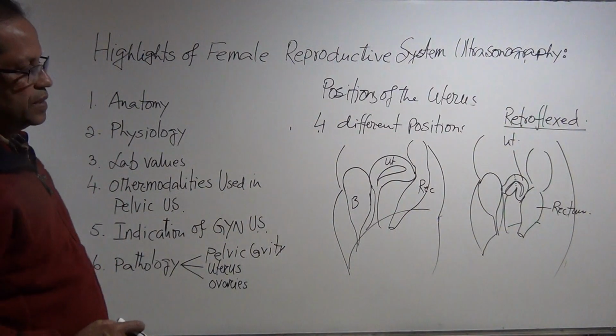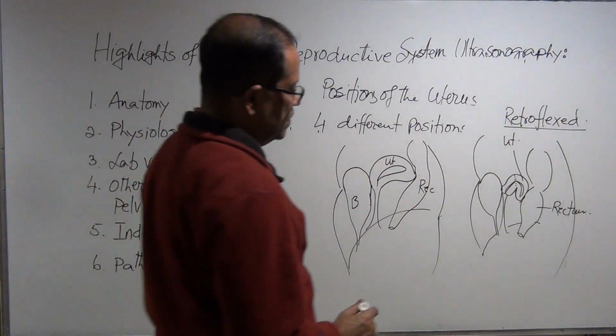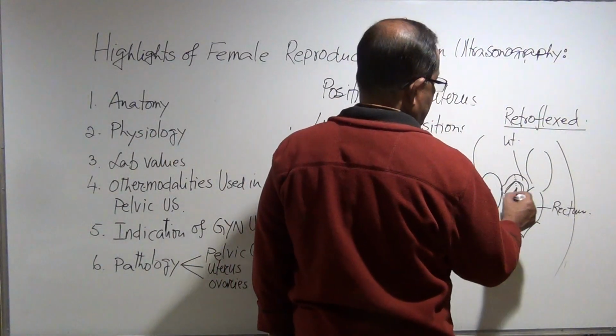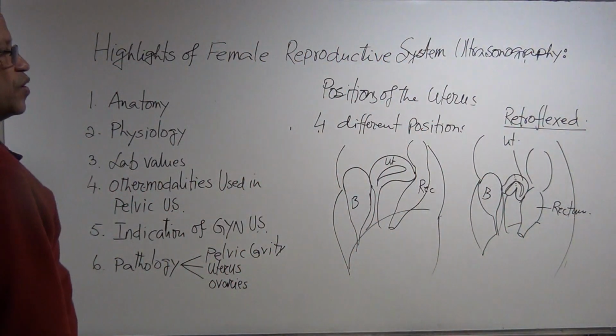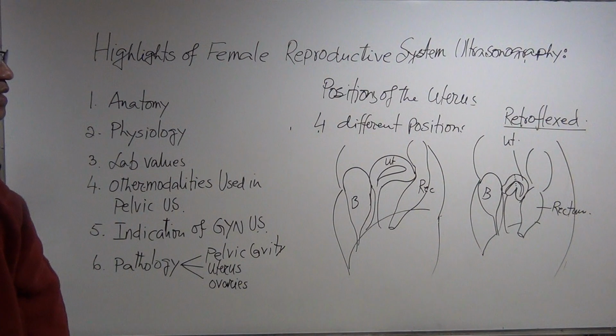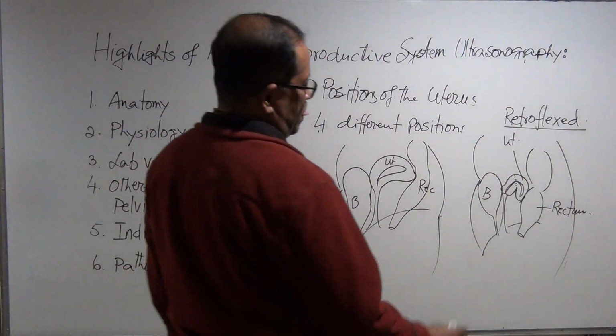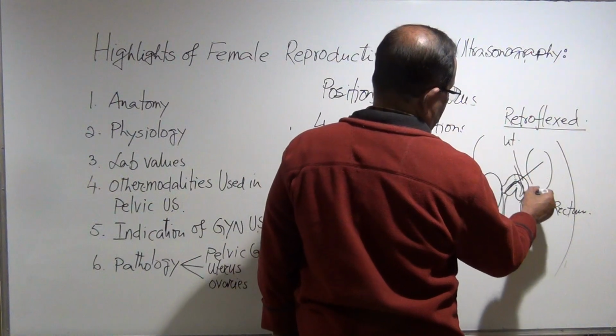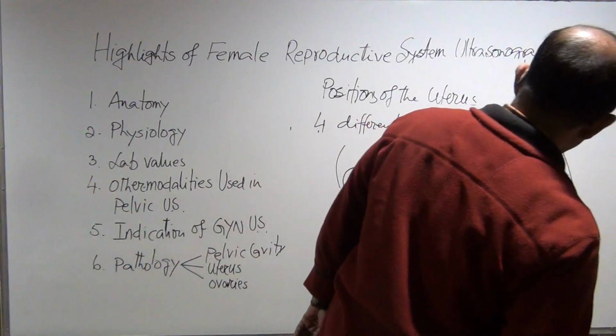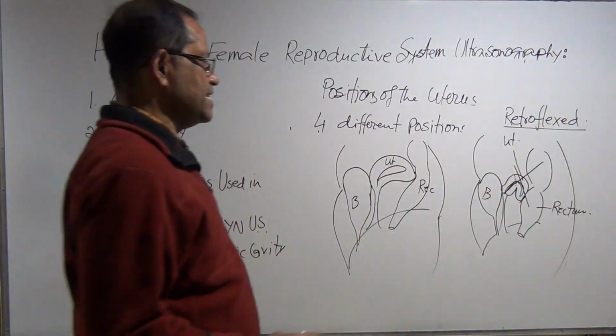So this is bladder, this is uterus, and this is rectum. So this is retroflexed. And if you draw a line through the body and fundus, it will cut at 90 degrees.